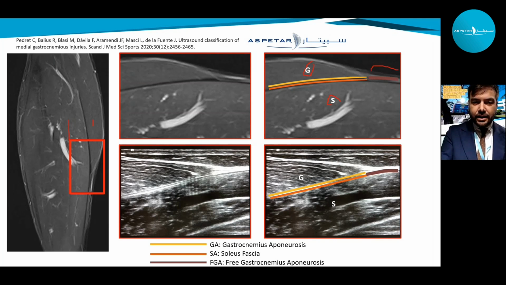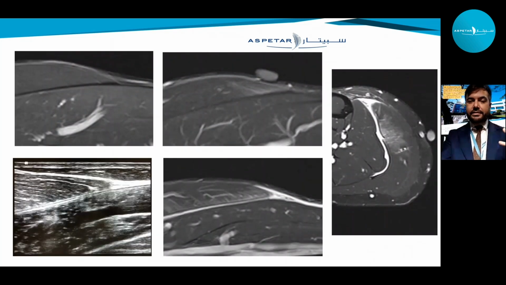And here we have the free gastrocnemius aponeurosis. These two structures, the orange and the yellow here, are important because the lesion of any of these structures will, let's say, determine a longer or shorter return to play according to this article.